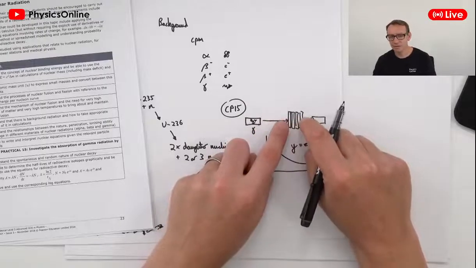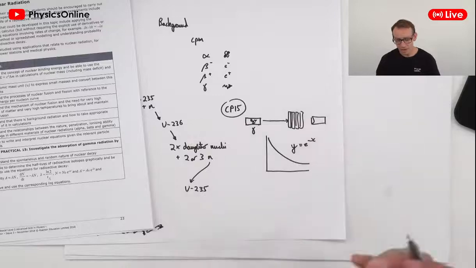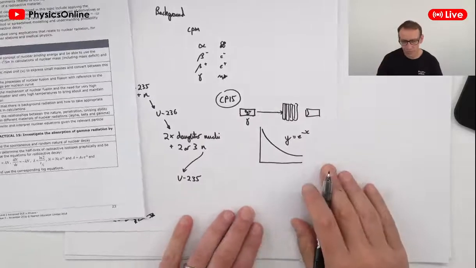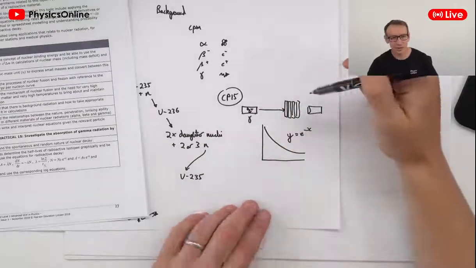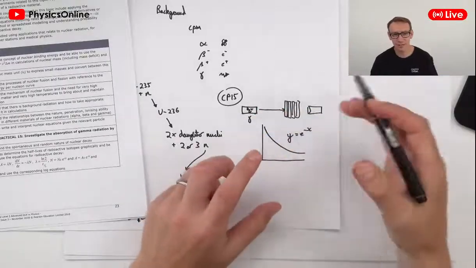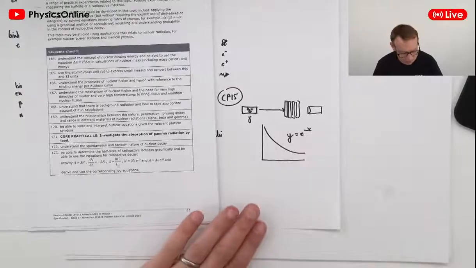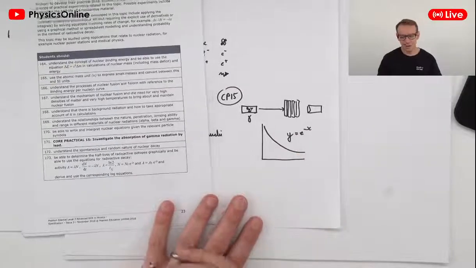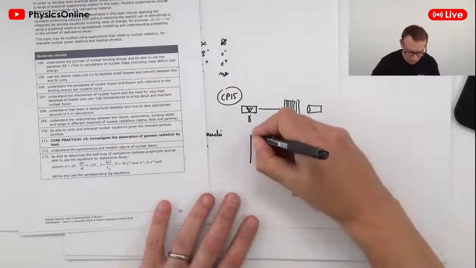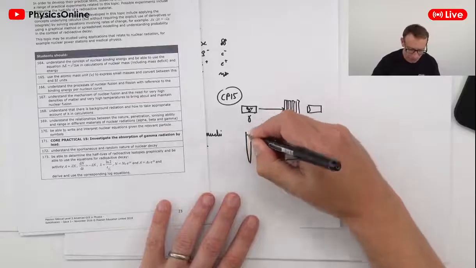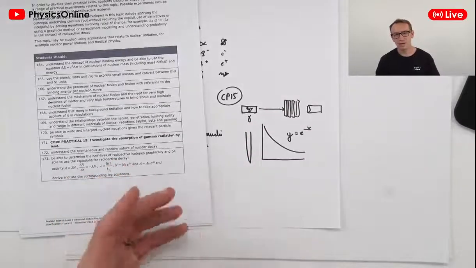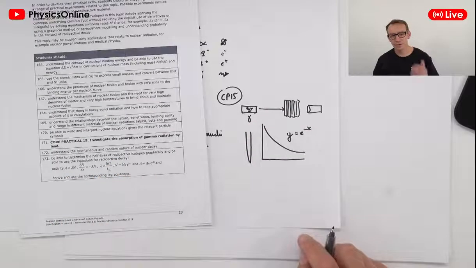You put another 5 centimeters down and it goes down by half again. And then you might take the natural log of some of that data to get a straight line to actually look at how effective that lead is at stopping that gamma radiation. Of course, safety is a big thing, so you need to make sure that you use long tongs to handle the sources so that you don't get contaminated and it reduces the radiation on you.